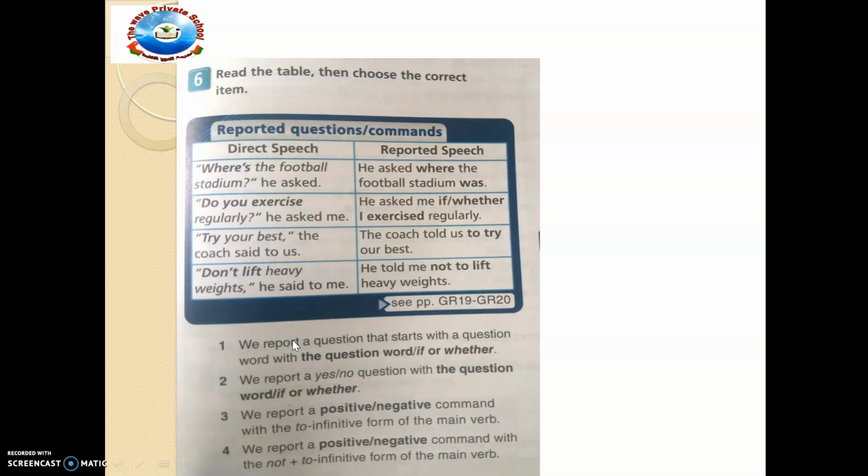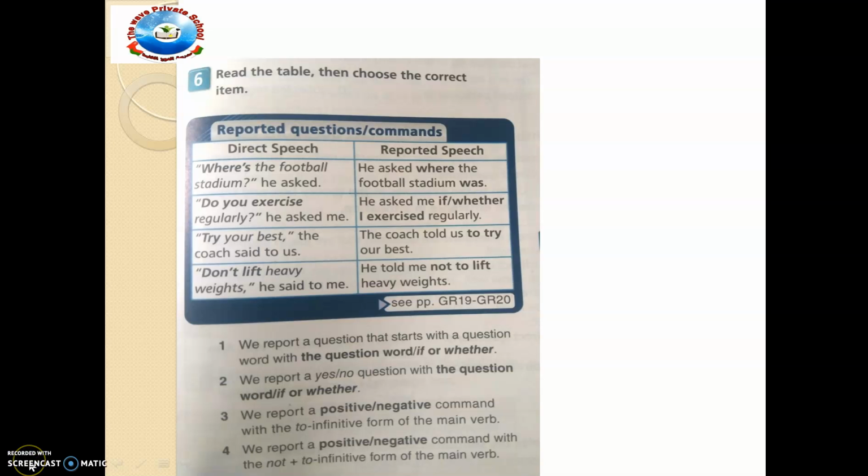Also, when the direct question begins with a question word like who, where, what, why, and when, we use the same question word in the reported question. But when the direct question begins with an auxiliary verb like is, do, have, then we use if or whether in the reported question. Did you get that right?